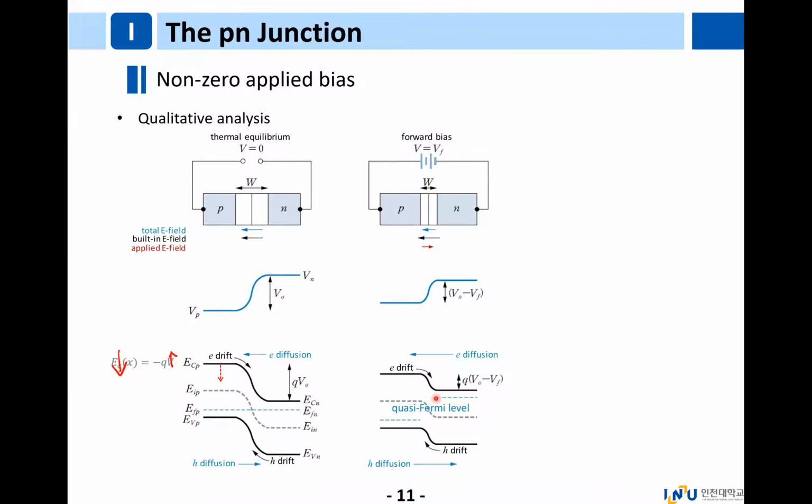In the case of forward bias, VBI decreased significantly when compared to thermal equilibrium. So from the perspective of electrons, the height of the energy barrier has decreased, making it relatively easier to cross.